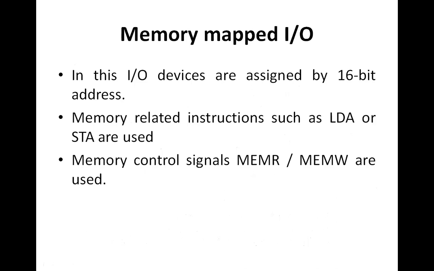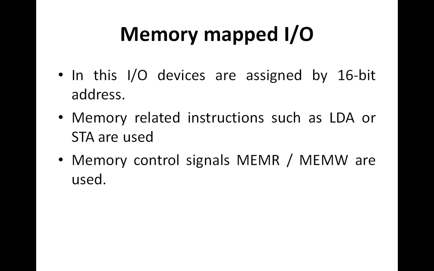So all these interfacings which are discussed right now are for when the peripheral devices are connected with the microprocessor in peripheral mapped input output mode. But if it is memory mapped input output, then the situation will be different.